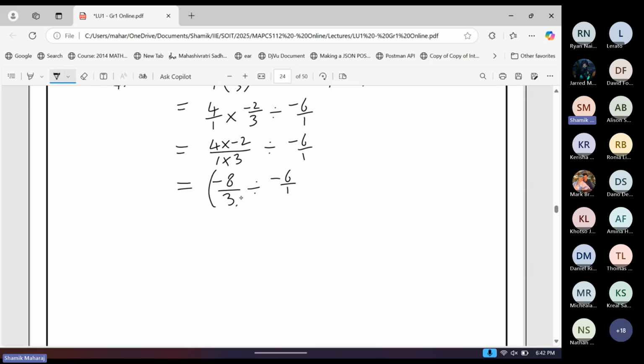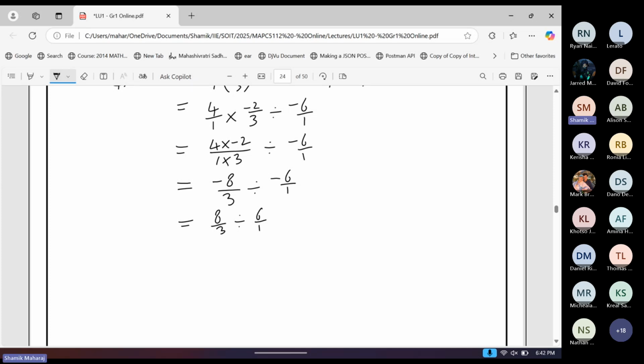A negative divided by a negative is going to give you a positive as an output. The rules are the same as with multiplication. A negative times a negative is positive. Similarly, a negative divided by a negative is a positive. So we can just exclude the negative already and write this as 8/3 divided by 6/1, because it's going to give us a positive number anyway.